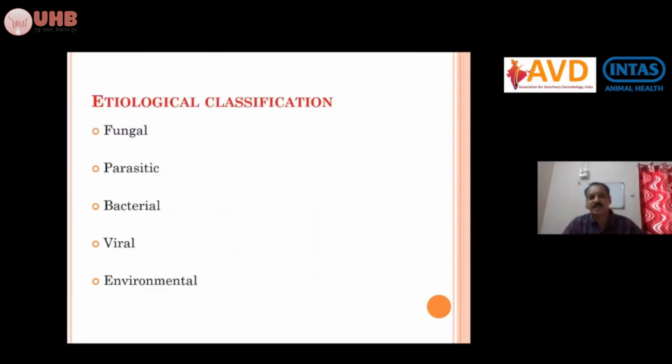The etiological classification in large animal dermatology is the same as in small animals. In large animals, the classification includes fungal dermatology, parasitic dermatitis, and bacterial involvement. Viral diseases like lumpy skin disease and malignant catarrhal fever cause skin manifestations. Environmental causes lead to photosensitization and other skin lesions.